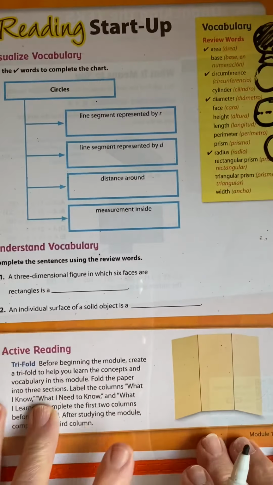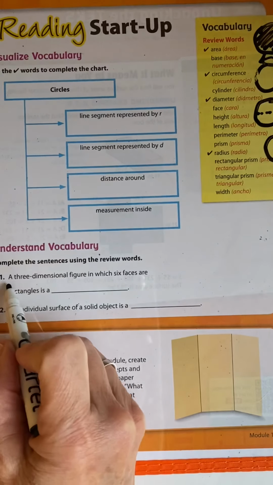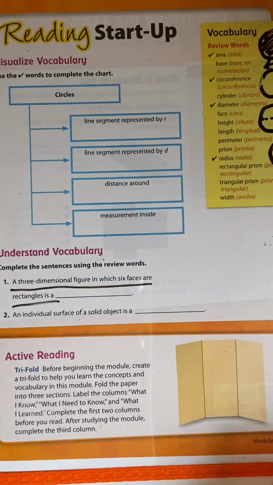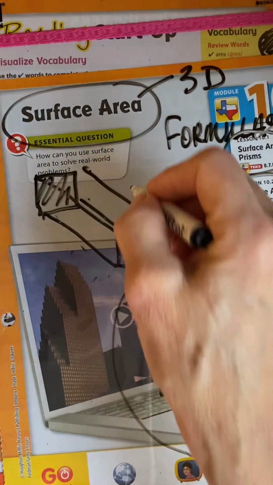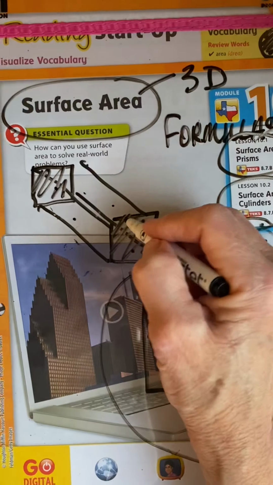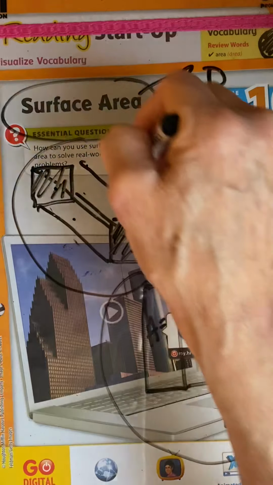Easy breezy. Now, a 3-dimensional figure in which 6 faces are rectangles. And I drew one right there. 6 rectangles. 1, 2, 3, 4, 5, 6. And each side is called a face. So this is called a what?